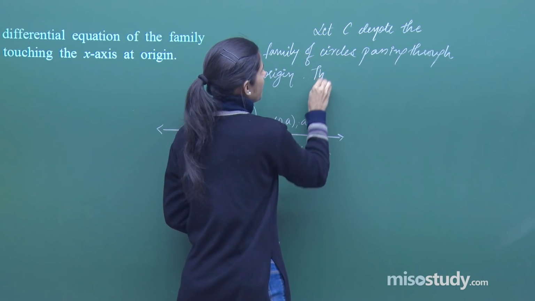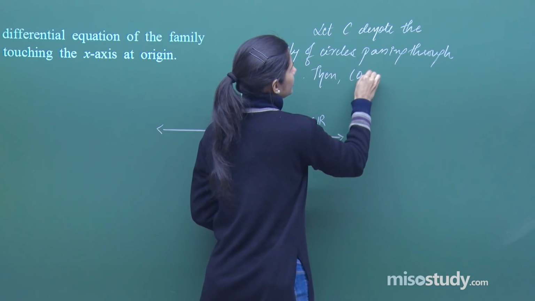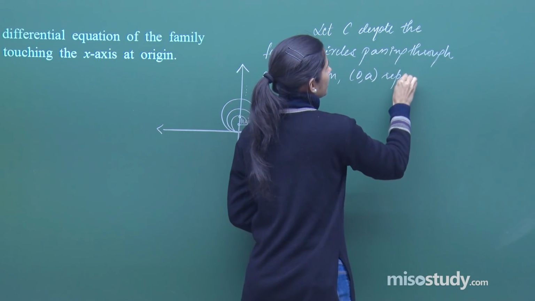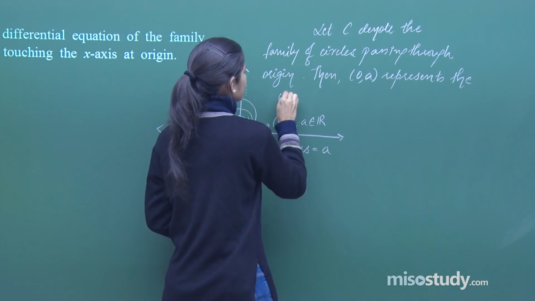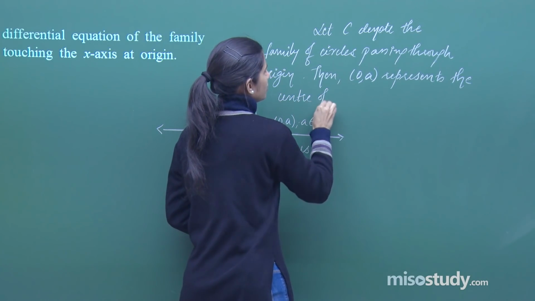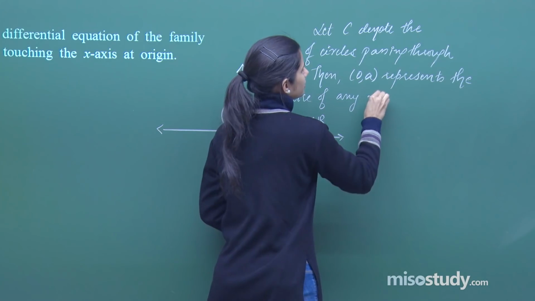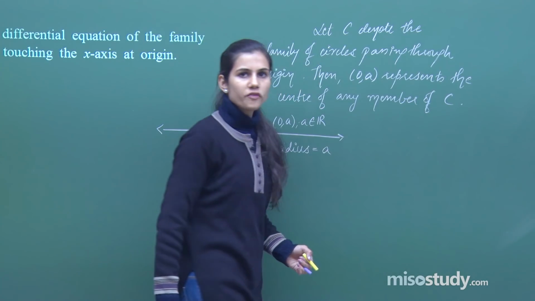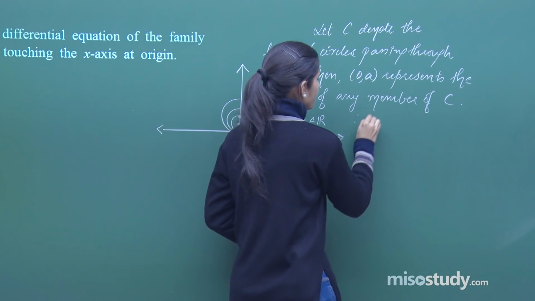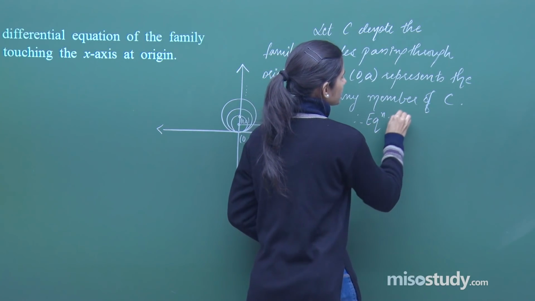Then (0, a) represents the center of any member of that family C. Therefore, equation of C is given by what?